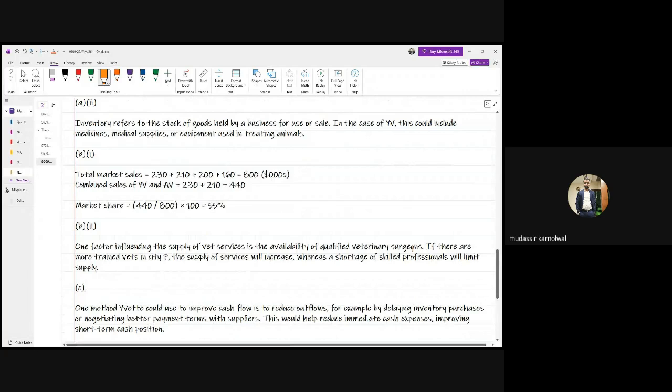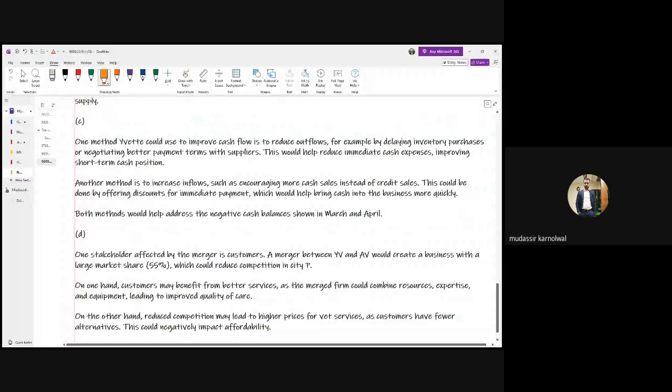If there are more trained vets in City P, the supply of services will increase, whereas a shortage of skilled professionals will limit the supply. C part, one method White could use to improve cash flow is to reduce outflows. For example, by delaying inventory purchases or negotiating better payment terms with suppliers, this would help reduce immediate cash expenses, improving short-term cash position.